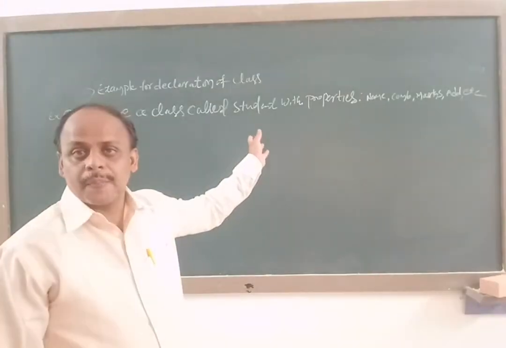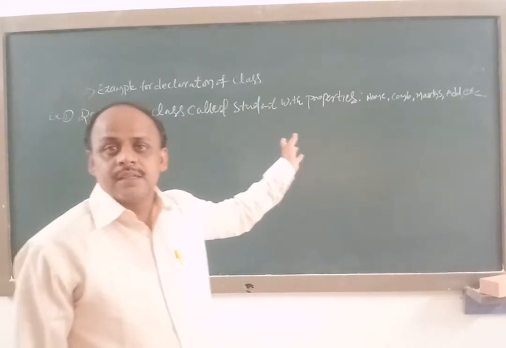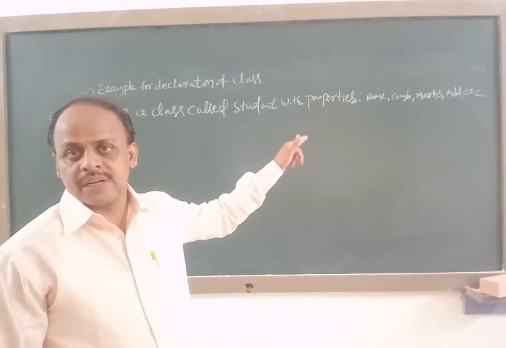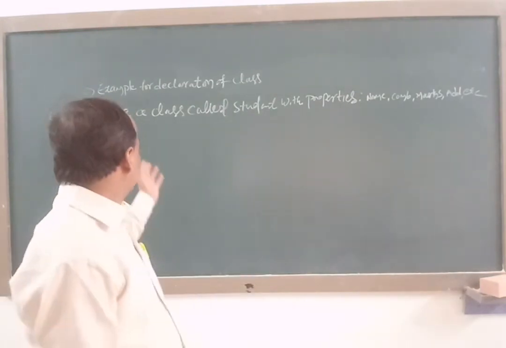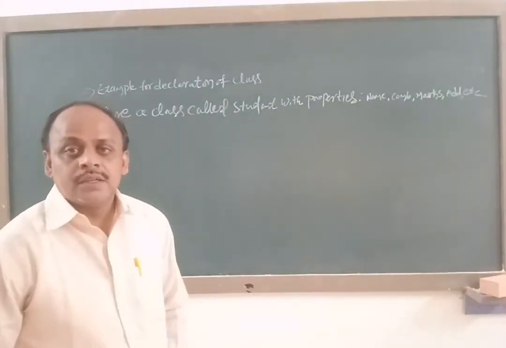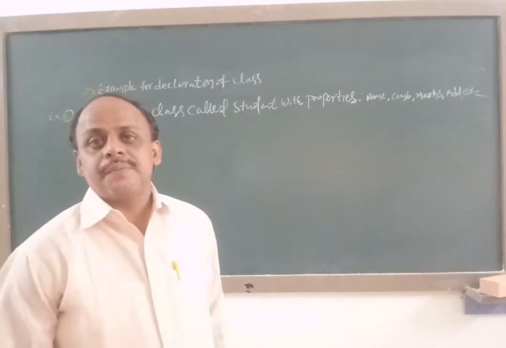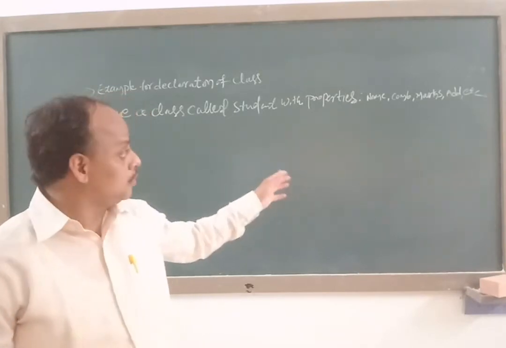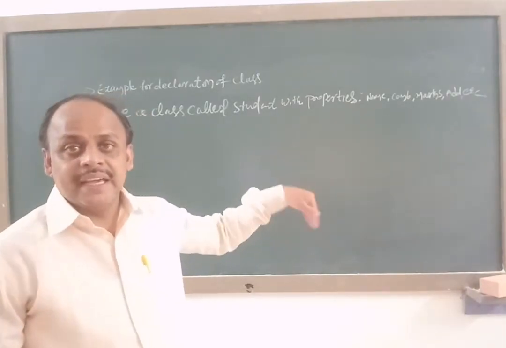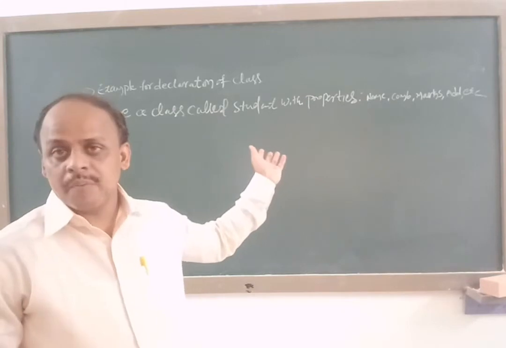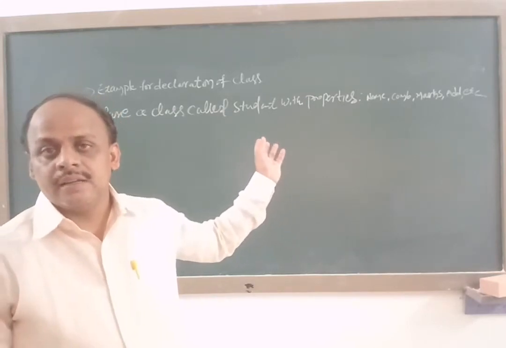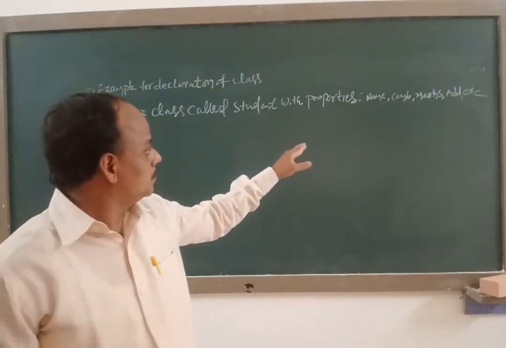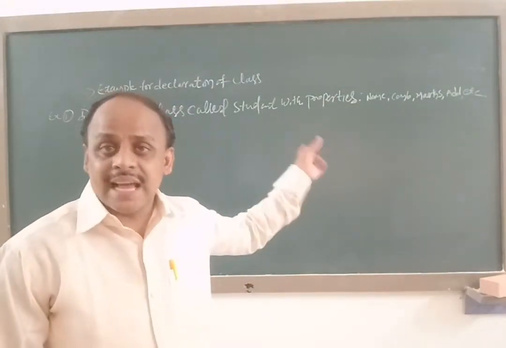In the previous example, he is not directly given data members or properties. He just says declare a class called date to accept the day. So sometimes he gives in detail what the properties are, or else he can say he is going to give just the class name.